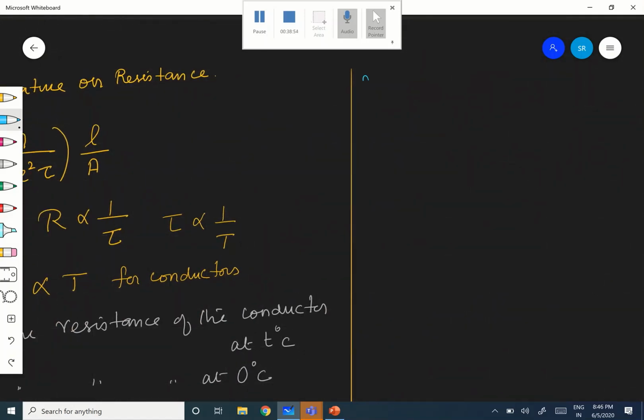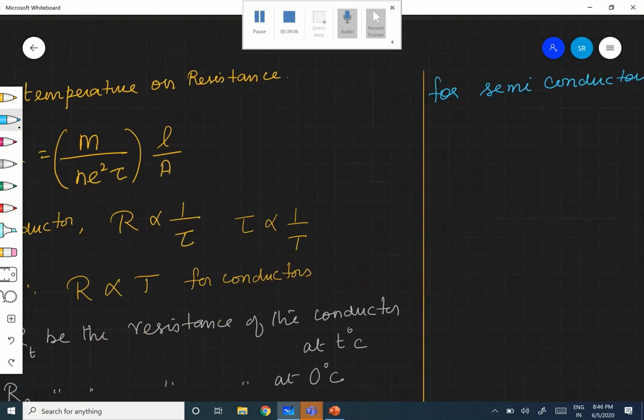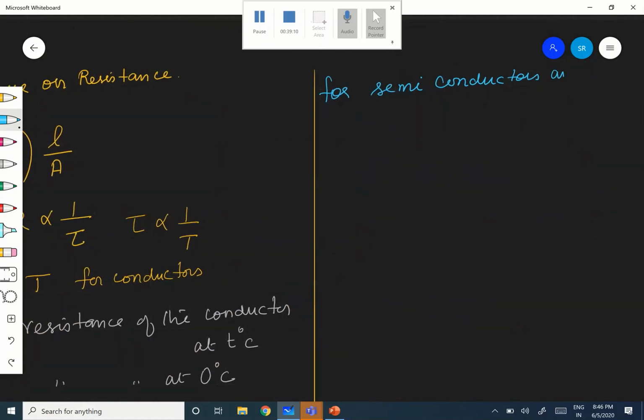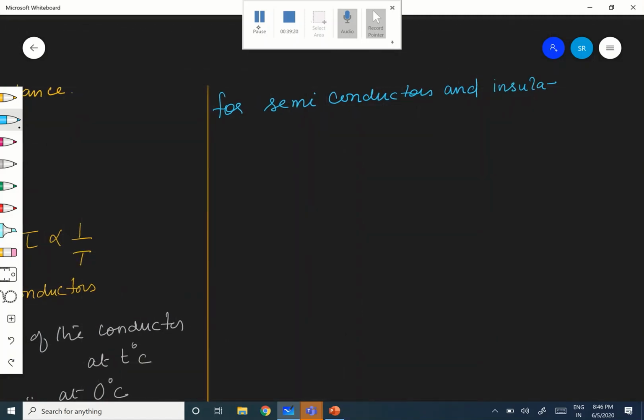For semiconductors and insulators, alpha is negative.